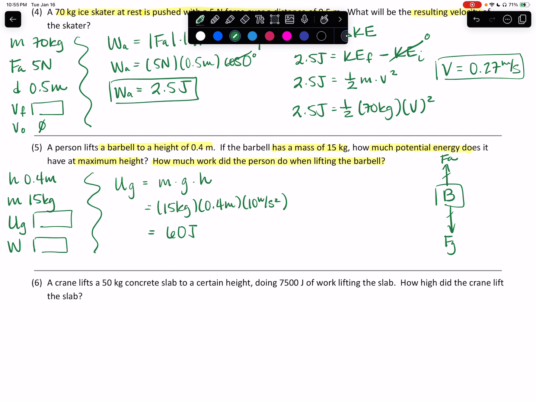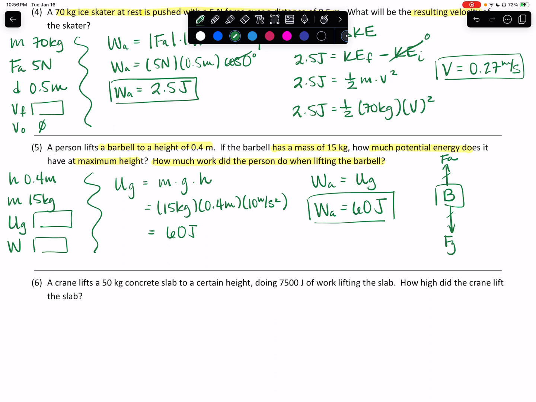Now the work energy theorem tells us that we must have done work to reach that particular value. So if the potential energy is 60, then I must have done 60 joules of work to get the barbell up to that height. I could calculate that using F_G if I wanted to. I don't need to, but I could.